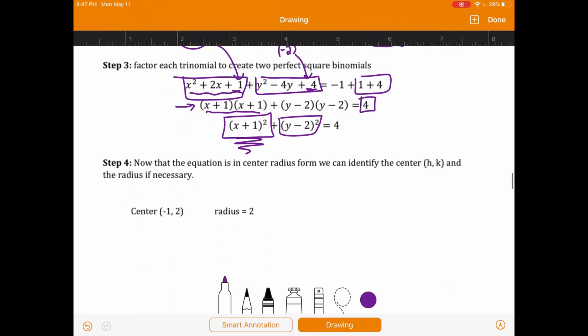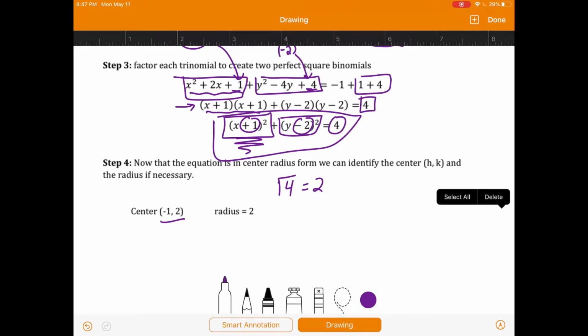The reason we're doing this is because we want to find the center and the radius. Because of this form that we have, we can tell that the center is (−1, 2), because we have a 1 and a −2 here, and you're going to change the signs. That is going to be your center. Then your radius is going to be the square root of this number, so that's the square root of 4, which is 2.